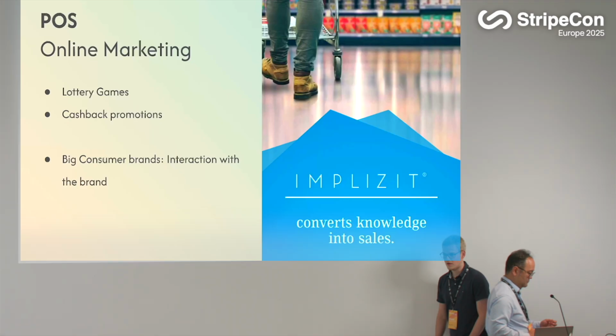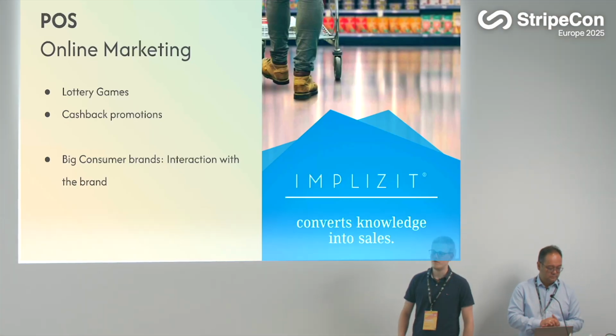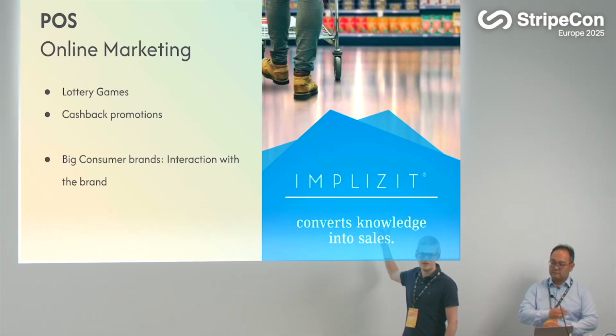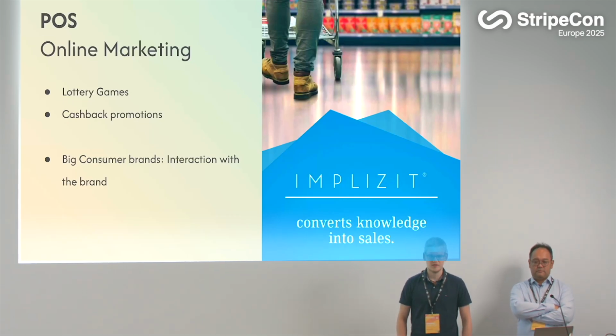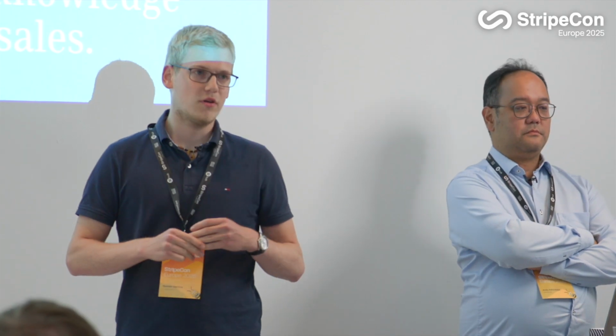Yes, so I'm working with the agency Implicit, and they are a POS agency, so point of sale, in the supermarket mainly. So point of sale, it's very important for them to grab everyone's attention to the products.